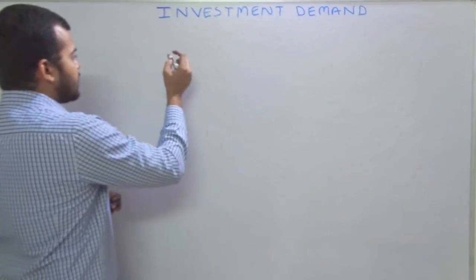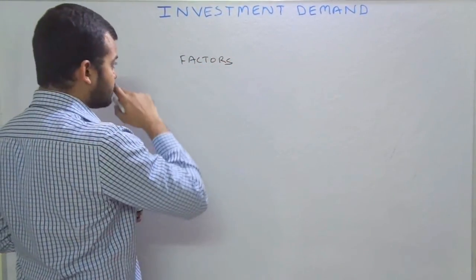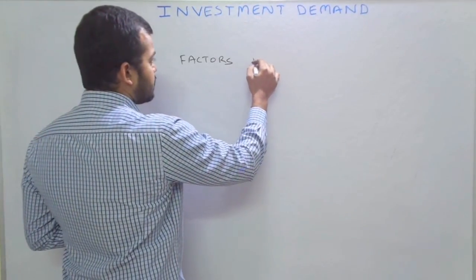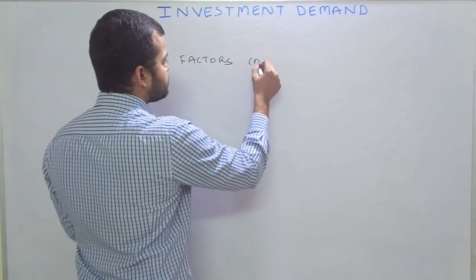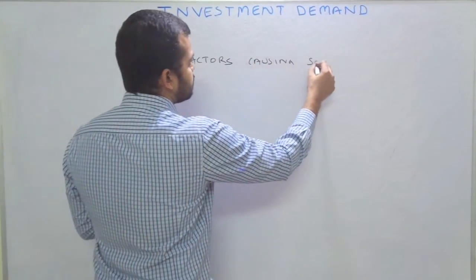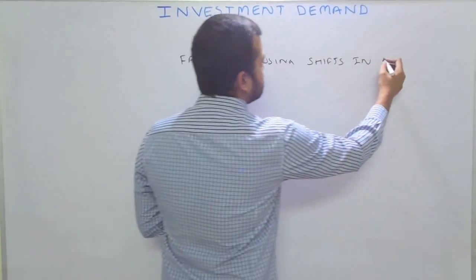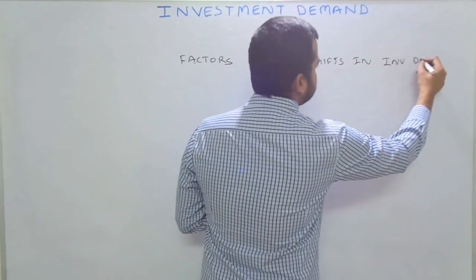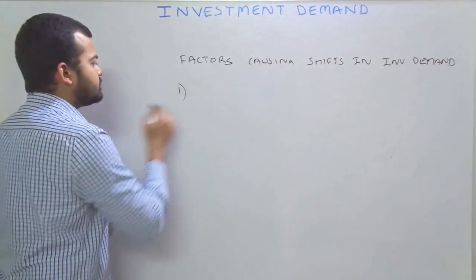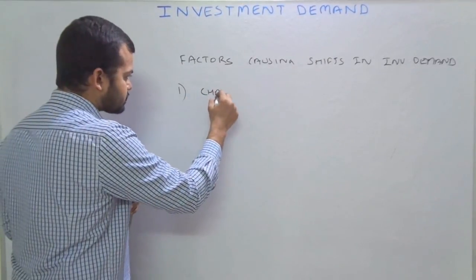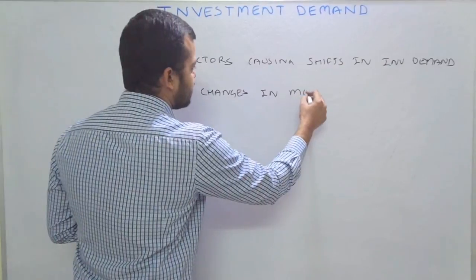Now we consider the last part of this topic, that is factors causing shifts in investment demand. So the first one, changes in marginal efficiency of capital.